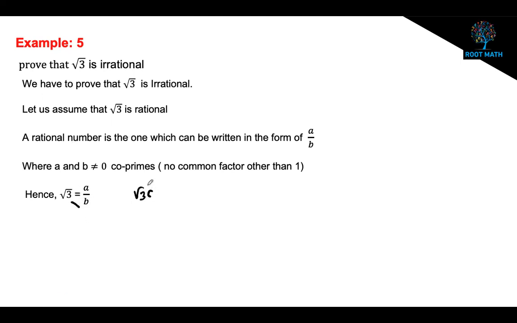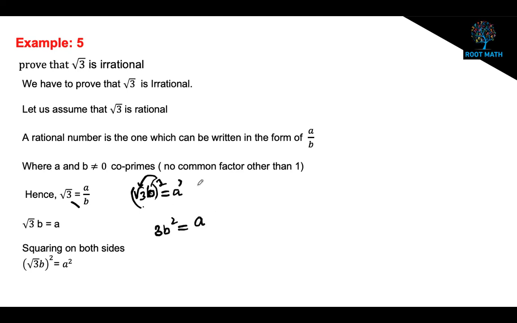Root 3 b equal to a, and square on both sides. So (root 3 b) the whole squared is equal to a squared. When you are squaring this, you apply the power to both. So root 3 will become 3 and it will become b squared, which is equal to a squared.